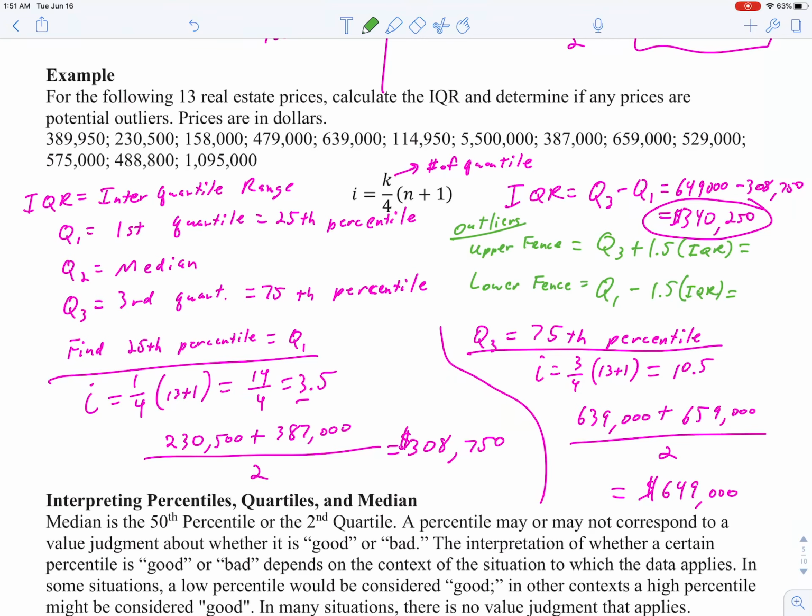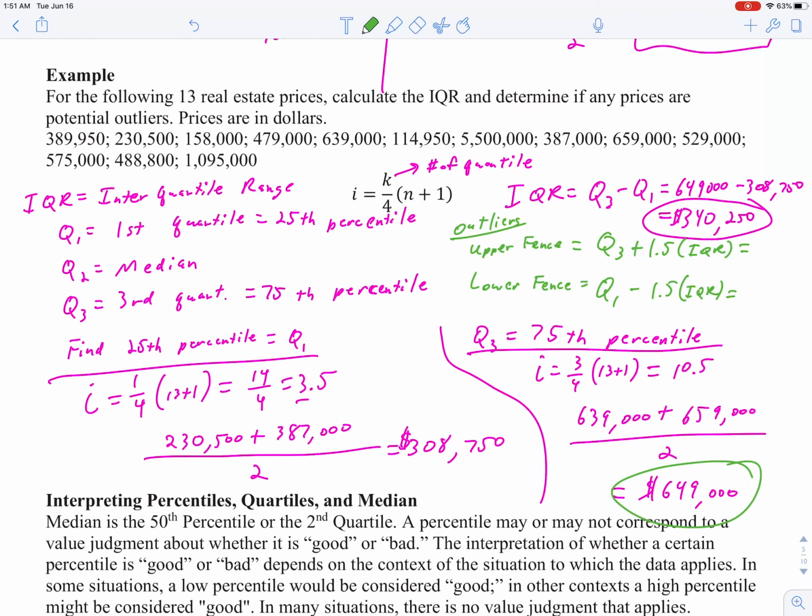I'm running out of room, but you can see what we're going to do is just plug in. We have the third quartile and the interquartile range we just found. Follow your PEMDAS, right? So Q3 plus 1.5 times the IQR.